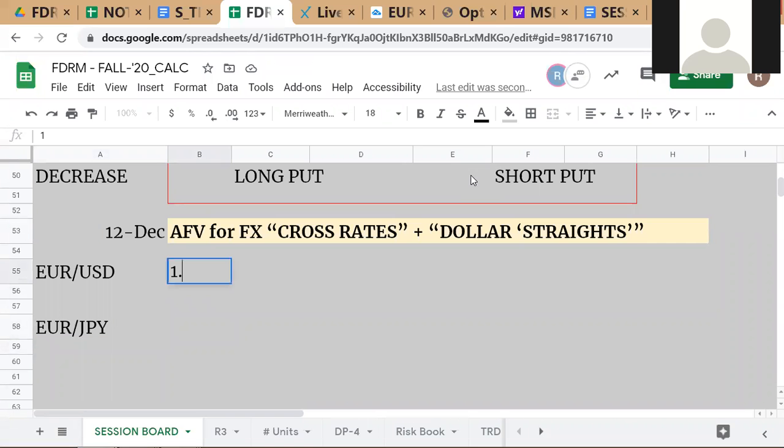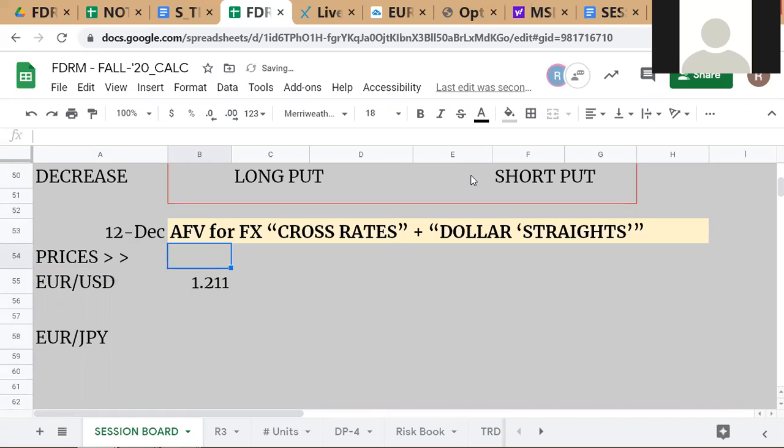Let's understand the concept first. 121.10. Let's talk about the mid price. Let's talk about prices. This is the mid, the bid, and the offer.